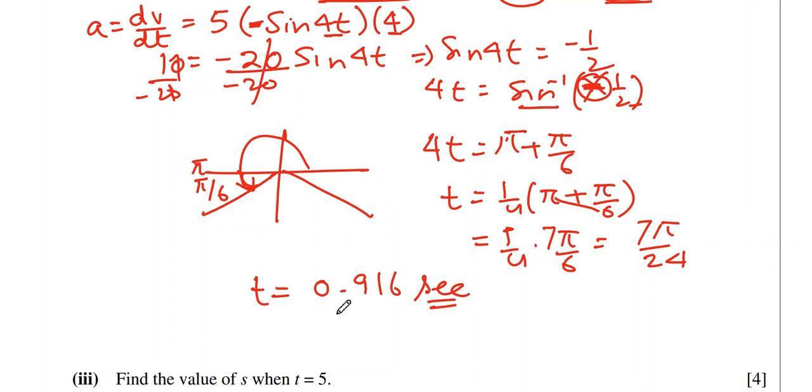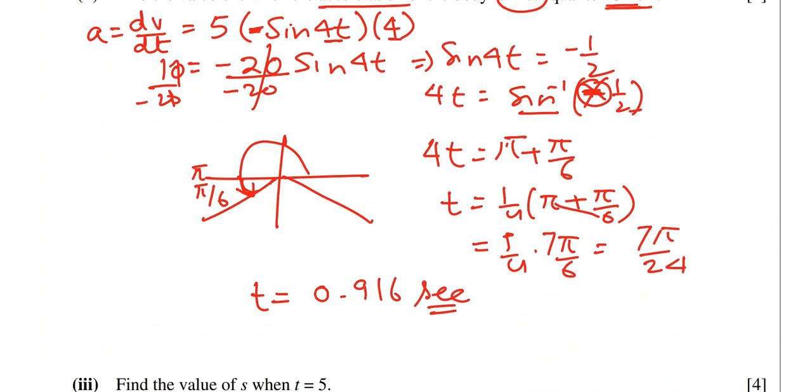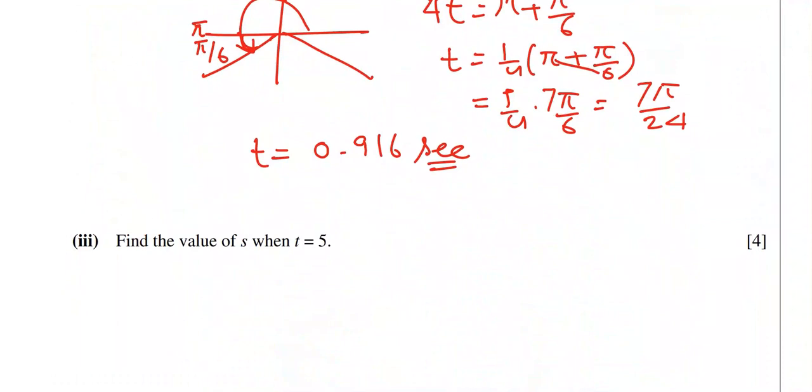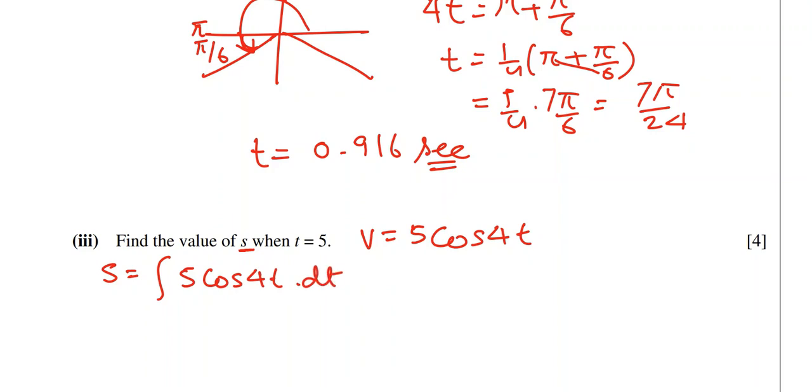Let's go to the third part rather. Find the value of s when t is 5. The equation we have is v equals 5 cos 4t. Now we want s, and s is nothing but the integration of v, which is 5 cos 4t dt.